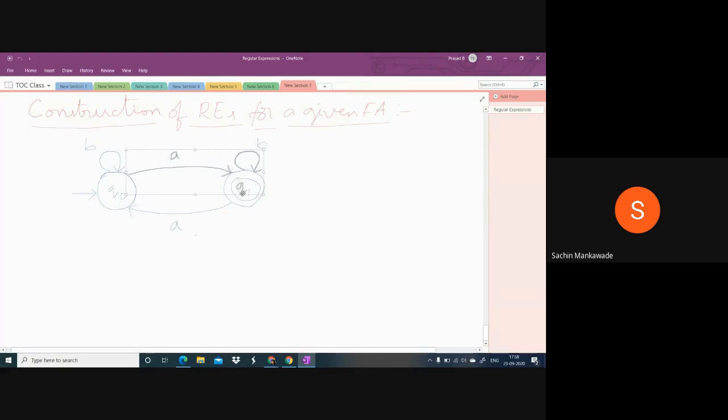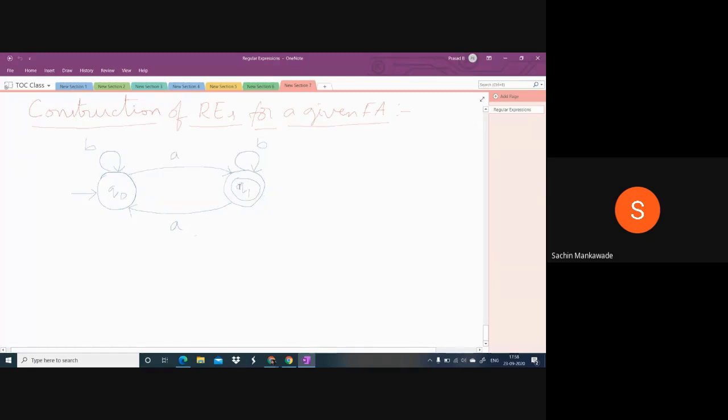If A comes again, it comes back to the initial state, so not accepted. Every time A comes, only then is the machine changing states.